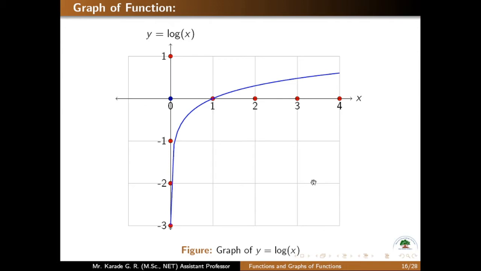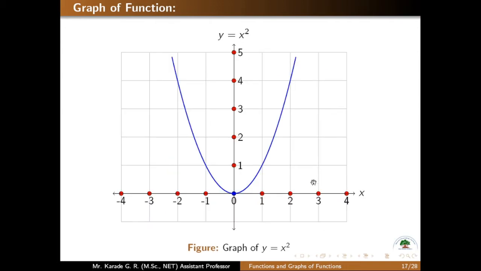Now next we see the graph of function y equal to x square. This is also a positive function, that's why its graph lies above the x-axis. See here, this graph also has two parts. First part is in first quadrant and second part is in second quadrant.